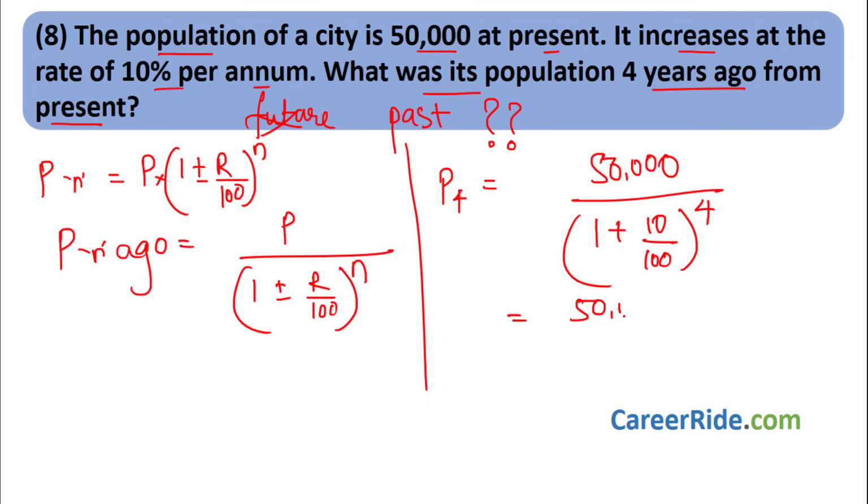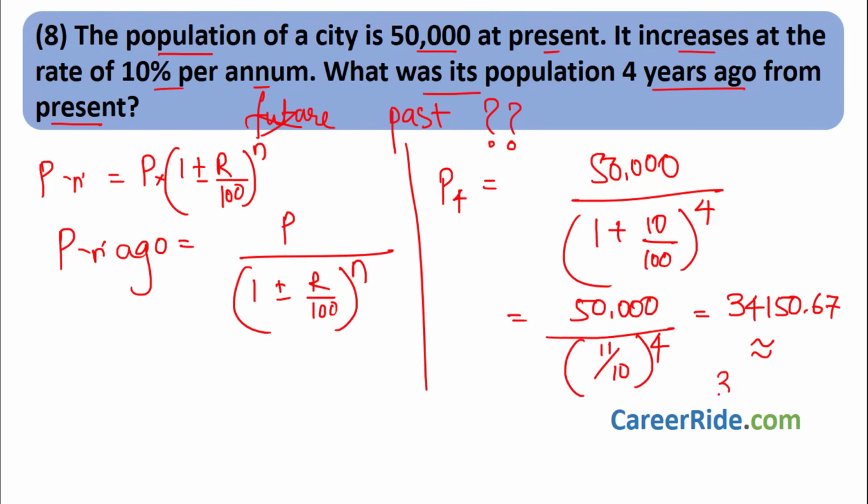That would give us 50,000 upon 11 upon 10, the whole raised to 4. The population comes out to 34150.67. So approximately that is equal to 34,151. So the population 4 years ago was 34,151, right? Moving to question number 9.